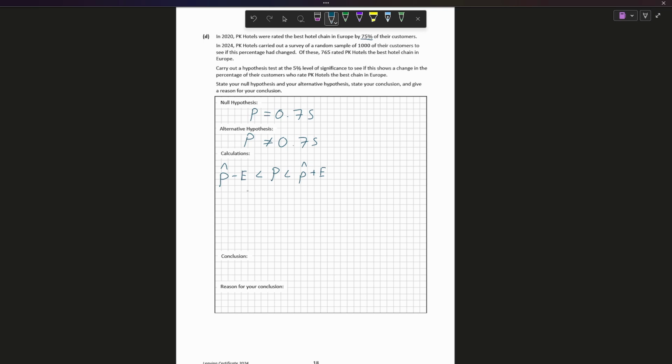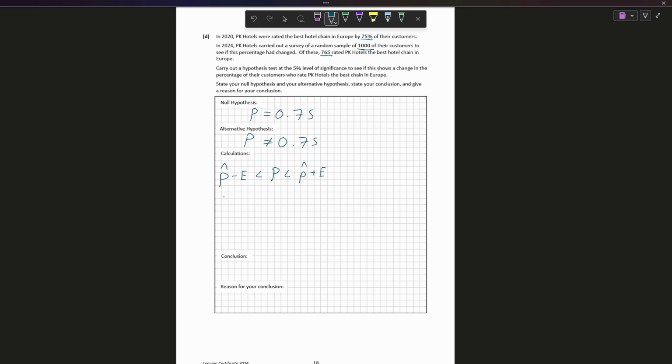Now we just need to find what all these are. So firstly, P is 0.75. We know that. So let's take a look at the P hat first. In order to find P hat, you have to look at the question. The sample is 1,000 people, and 765 of those people have said that it is the best hotel chain.